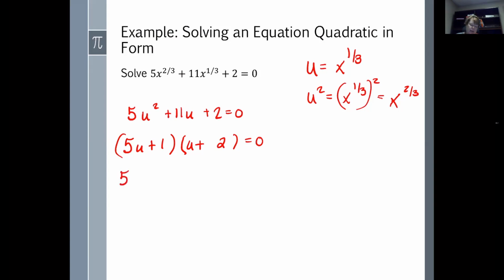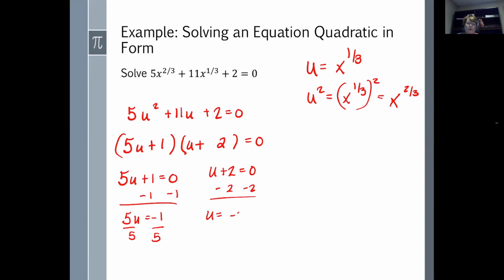So now I'm going to set each factor equal to 0. Solve the resulting linear equations. All right, so I get that u is either -1/5 or u is -2.